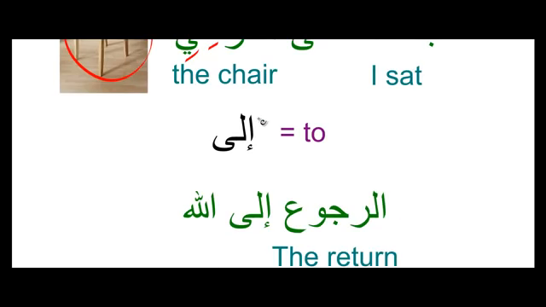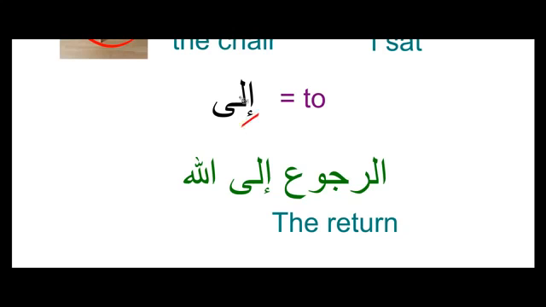And finally, we have ila, which means to. And the example is ar-ruju'u ilallahi. The returning, or the return, is to Allah. Meaning once we pass away and once we die, we will return to Allah, to God.